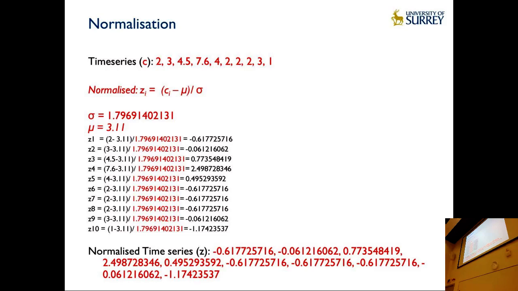This is the normalized data. No matter what magnitude your data has or how it changes, when you normalize it, you're creating a series of measurements whose average, the mean, should be 0, and the standard deviation should be 1.